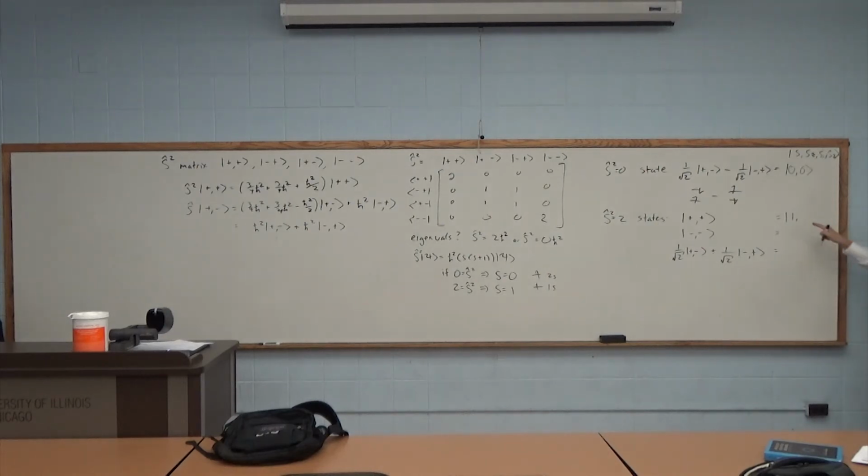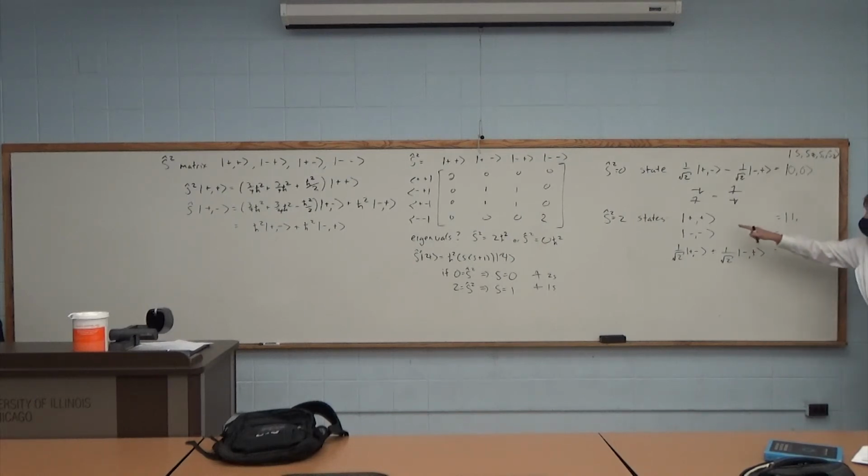Now hold on. What are the possibilities? If this was a P state, you have how many P states? 3, right? Now L of P is 1. What are the M's of L states? Minus 1, 0, and plus 1. 0 is a PZ state, and PX and PY are linear combinations of plus and minus 1.